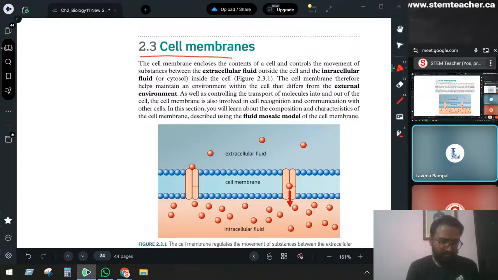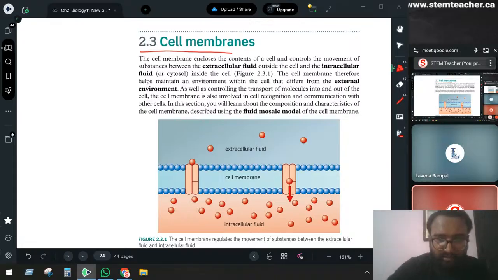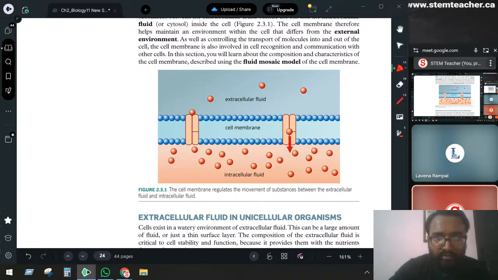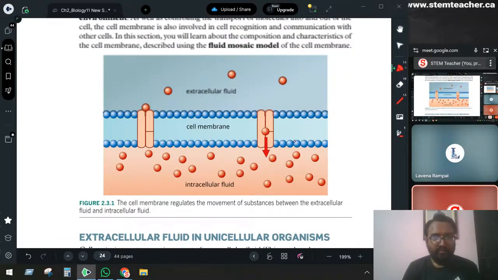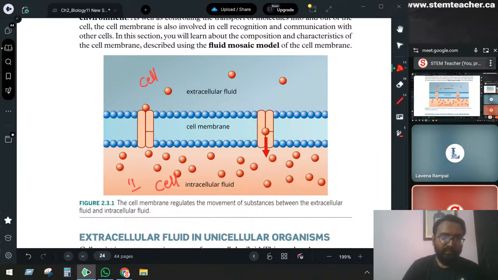The cell membrane encloses the contents of the cell and controls the movement of substances between extracellular fluids. See, this is your cell inside, and this is outside the cell, and this is the border, and this is called your cell membrane.